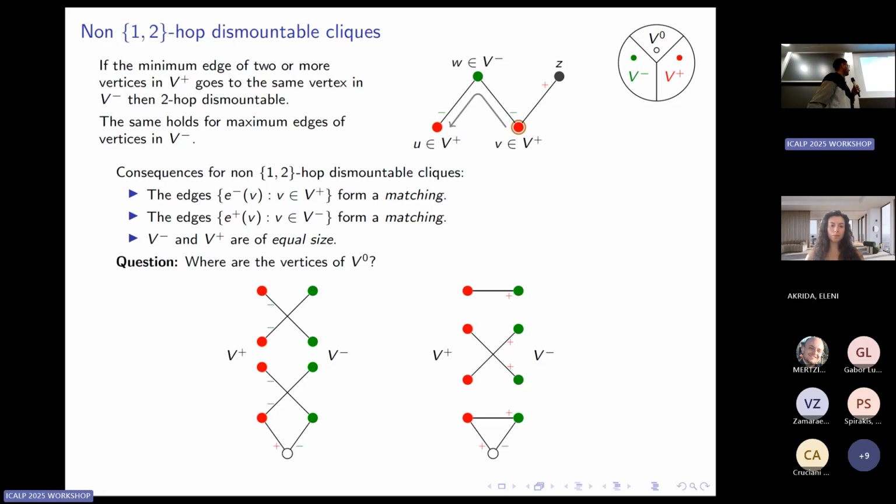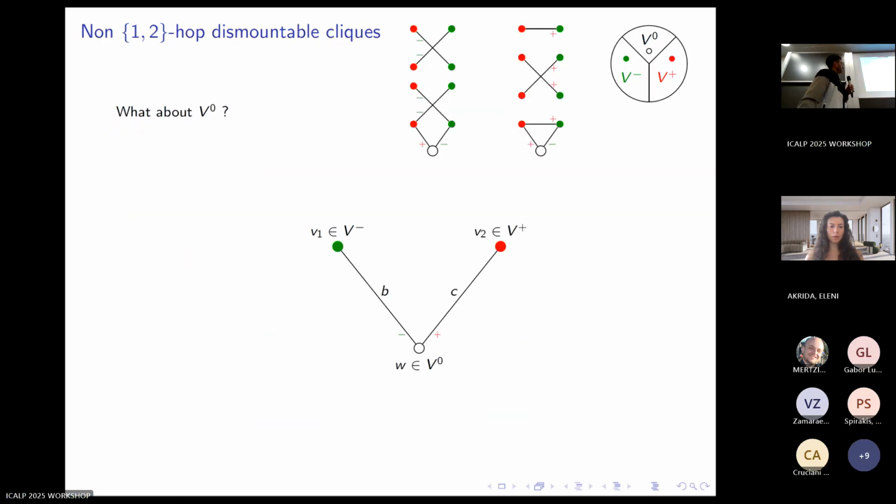Well, they are here, but they send their minimum edge to some vertex in V minus, their maximum edge to some vertex in V plus, but they do not participate in the matching. Let's look at them closely. So we have our vertex W that belongs to V0. It will have a minimum edge and a maximum edge that will go to, let's say, V1 and V2.